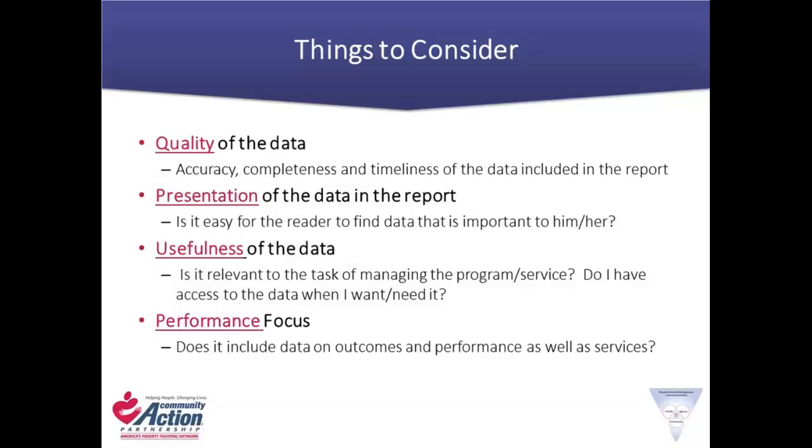What is the usefulness of the data? Is it relevant to the task of managing the program or service? And is there access to the data when people need or want it? And then also that performance focus. So kind of, again, circling back to ROMA with this results orientation, are we including data on outcomes and performance as well as services and outputs?